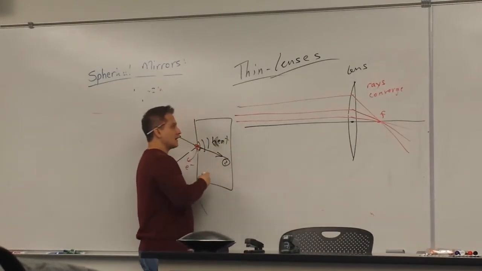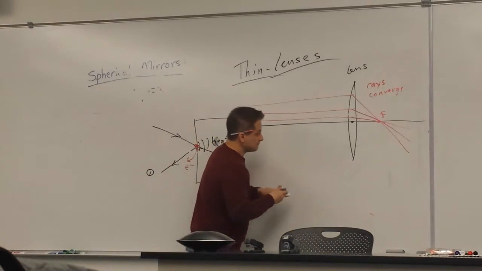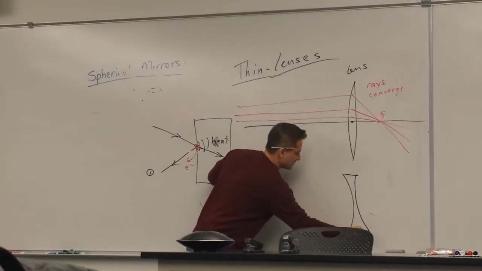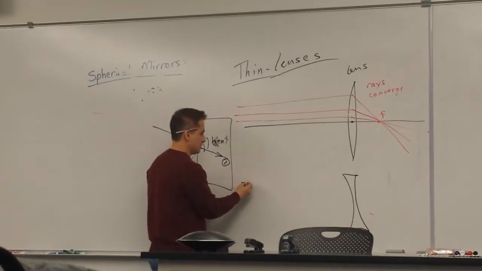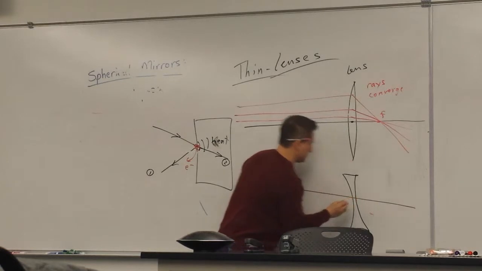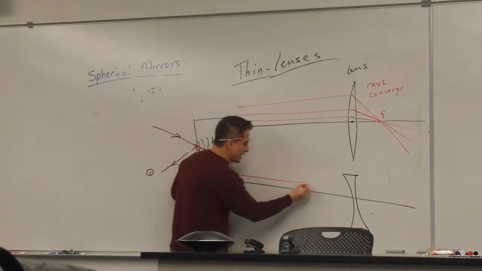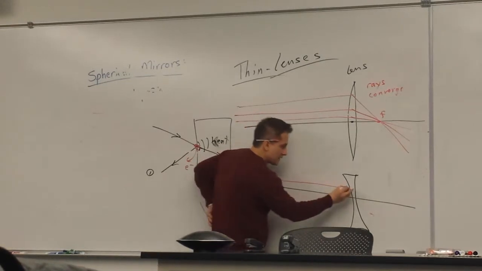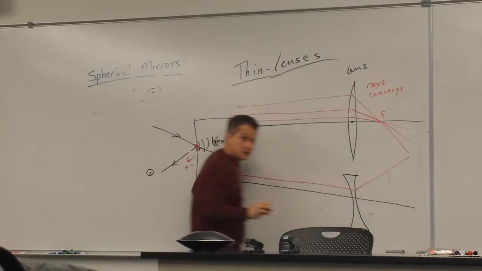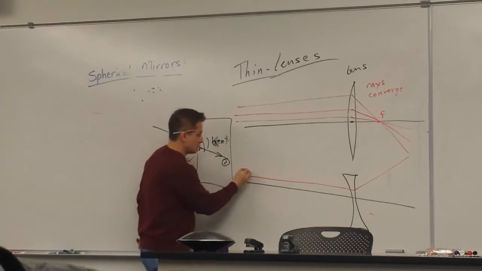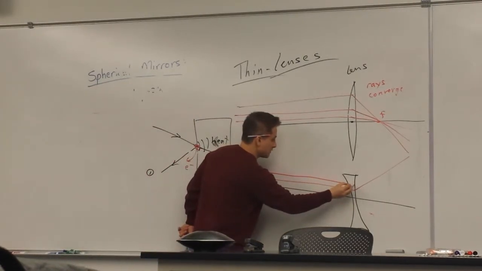Now, the other possibility is that there are lenses that, when you shine parallel light, diverge, based on their geometries, their surface geometry.